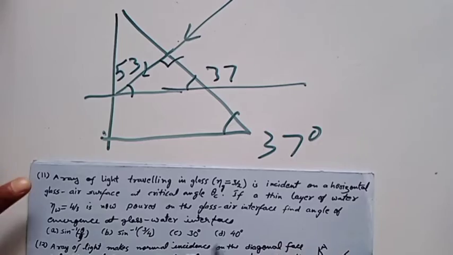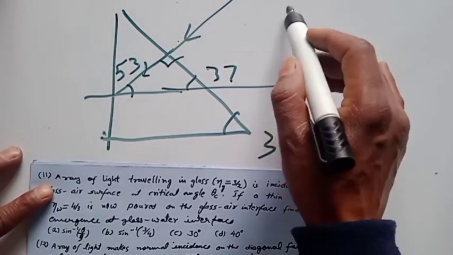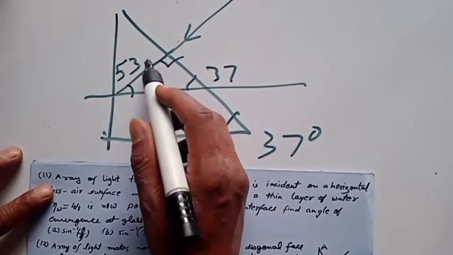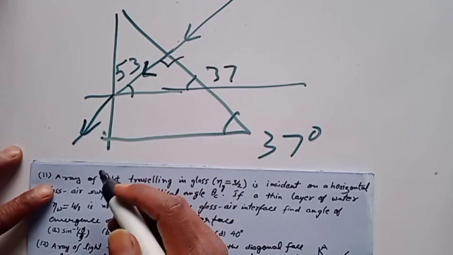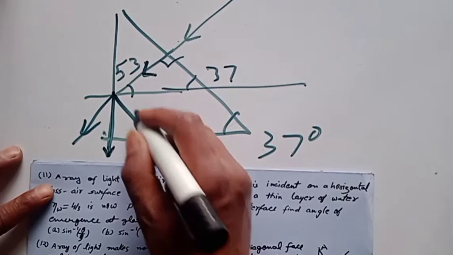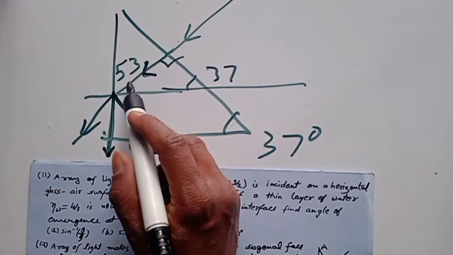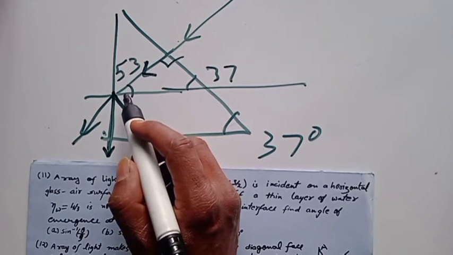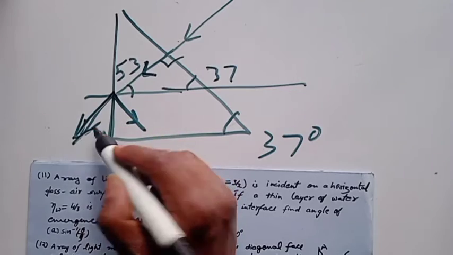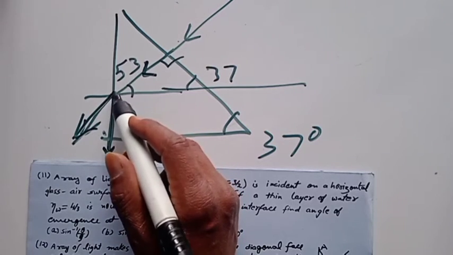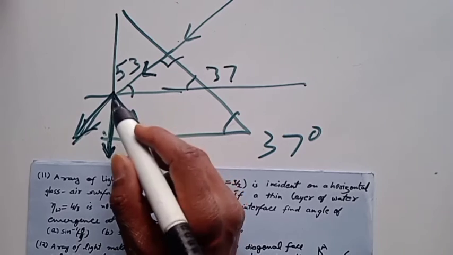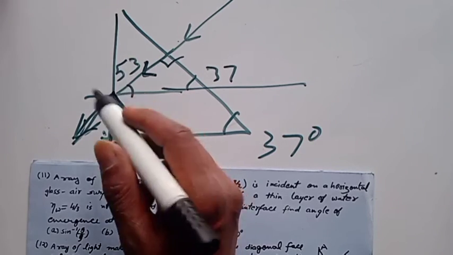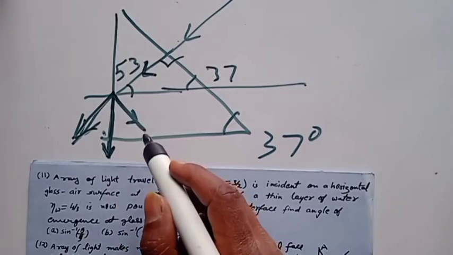Now see this, in order to trace its path, I know this could happen, but this is also possible and this is also possible. If this angle of incidence is less than the critical angle, then it will come out. If this is equal to the critical angle, it will go along the grazing way. And if it is greater than the critical angle, it will bounce back.